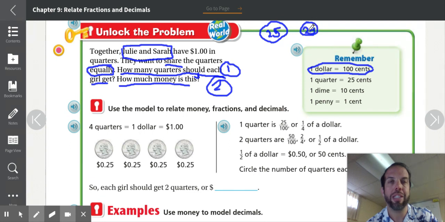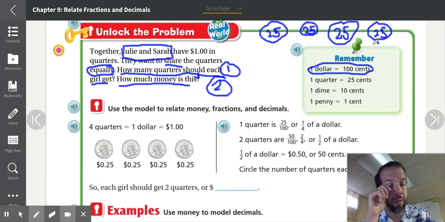I don't get too crazy on that. As you can see, mine are not the same size. Try to be neat. Again, it's hard with this mouse. The reason I'm doing this is because you might get a problem where they don't give you this model, so you're going to have to draw the quarters.